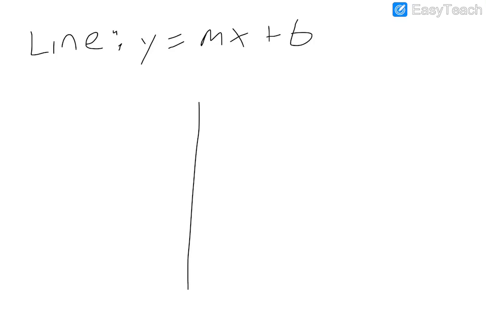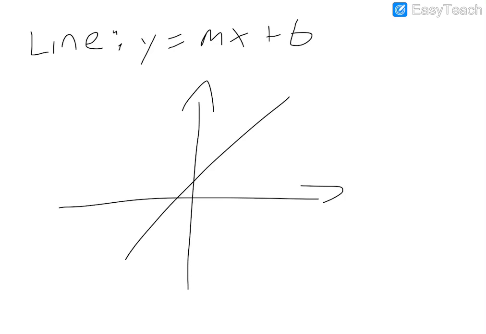Well, the most simple equation is probably a straight line. And a line would take the form of y equals mx plus b. And if I draw the plane, it would be something just like this maybe. And then, okay, so what does m represent?